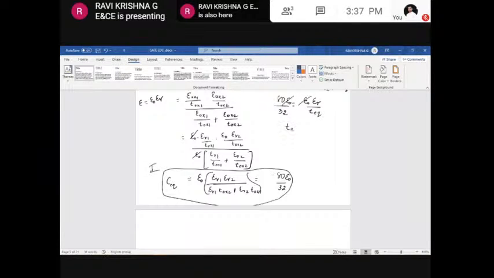So the thickness of capacitor 2, TEQ, will be epsilon r into 32 divided by 80. We know the relative permittivity of material X is 4, so 4 into 32 divided by 80. If you solve this, you will get T equivalent, the thickness of the second capacitor, equal to 1.6 nanometers.